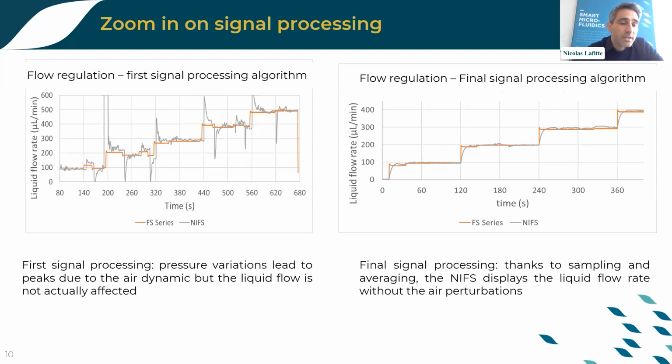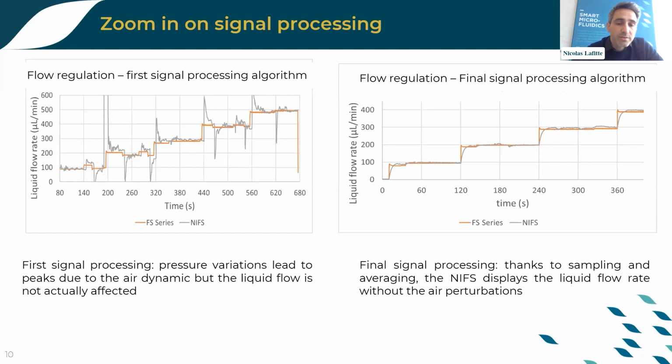So, like we said in the slide before, we had to implement some kind of signal processing, by modeling and by regulation, to deduce the liquid flow rate, the liquid behavior, from the air flow rate. On the left, you see a lot of peaks, a lot of noise due to the pressure change, because we have the pressure control adapting to the flow rate the customer wants.